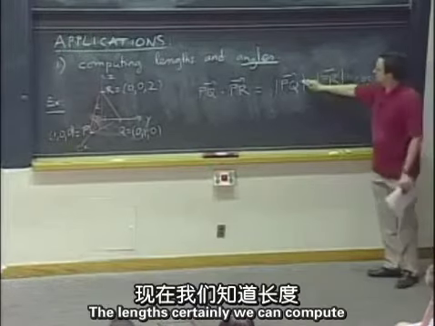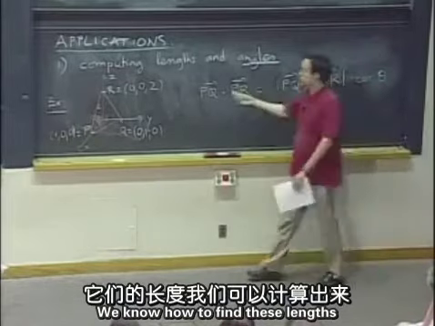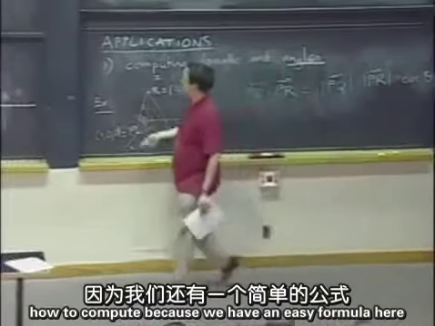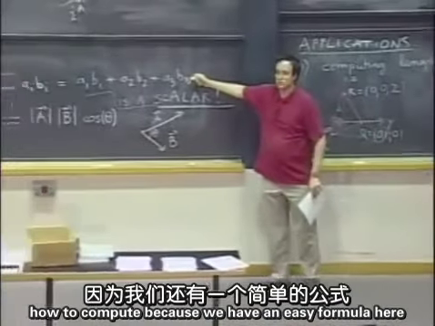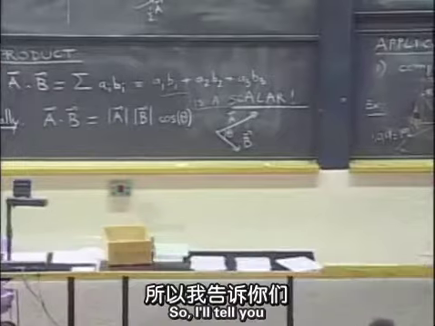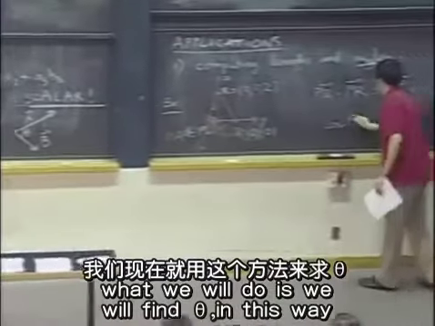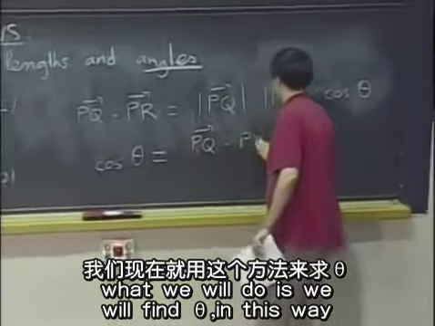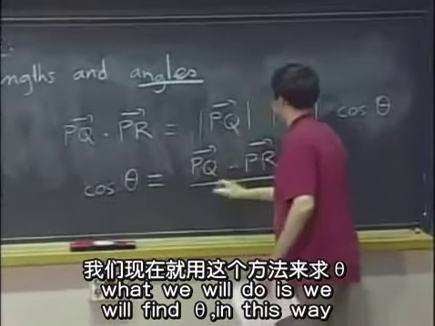But the length, certainly we can compute. We know how to find this length. And this dot product we know how to compute because we have an easy formula here. So we can compute everything else and then find theta. So actually what we will do is find theta in this way.